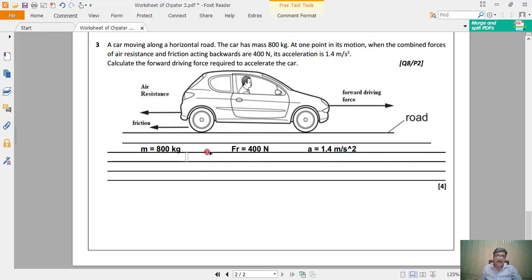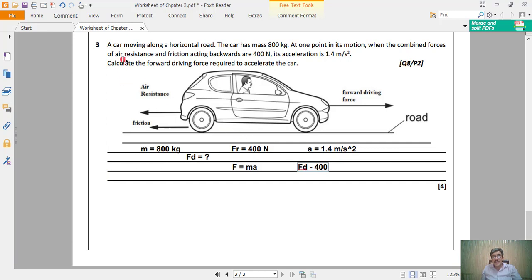So we have to calculate here the forward driving force. I indicate forward driving force as Fd, which we have to calculate here. So according to Newton's second law, F is equal to ma, and here F is basically the total force, or you can say resultant force or net force, and we know that we have to calculate Fd, and from this Fd we have to subtract the combined forces also.